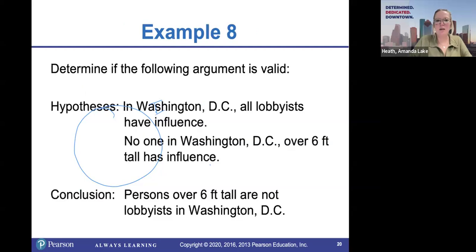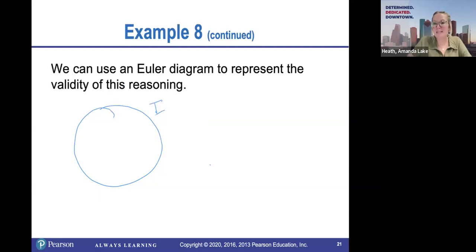And I know that all lobbyists have influence. Then I can take my red marker here and I say, okay, these are the lobbyists. So all lobbyists have influence.